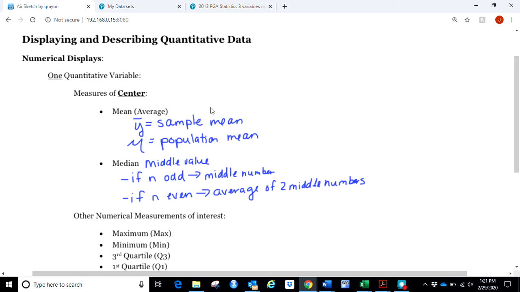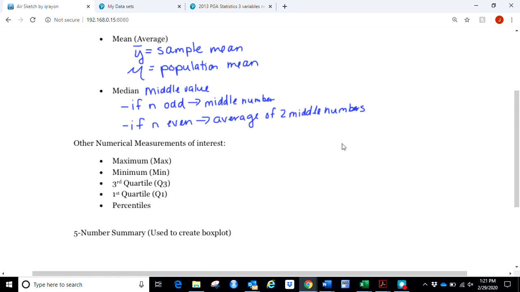Some other numerical values of interest are going to be the maximum, or what many refer to as the max, which is just your largest value. The minimum, or the min, will be your smallest value. Now, some of you may have heard of the third and first quartile before, but many of you may not have.